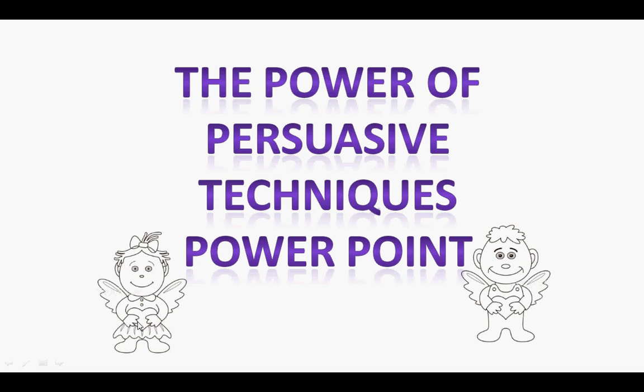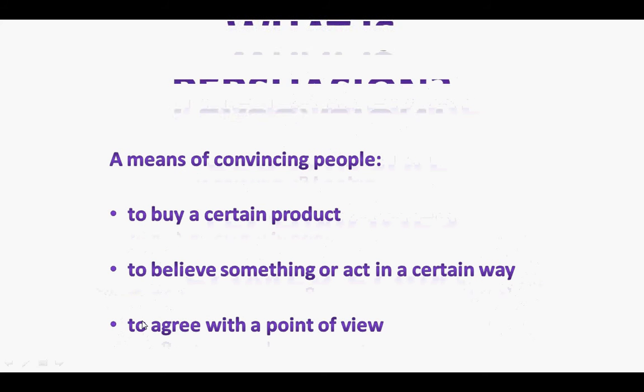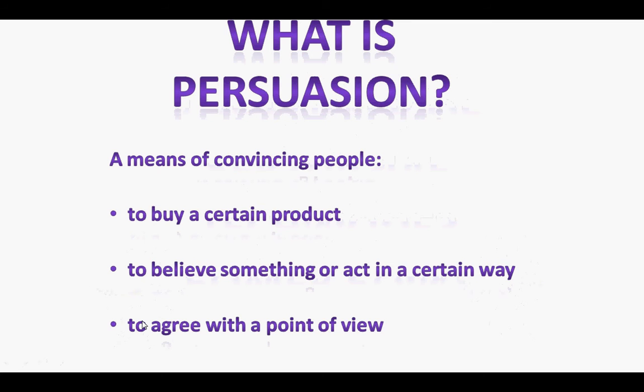Our lesson today is about persuasion and persuasive techniques. So what is persuasion? As you can see, persuasion is a means of convincing or persuading others. Why do we need to persuade others or to convince people?